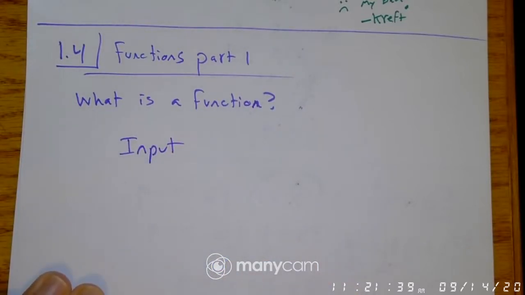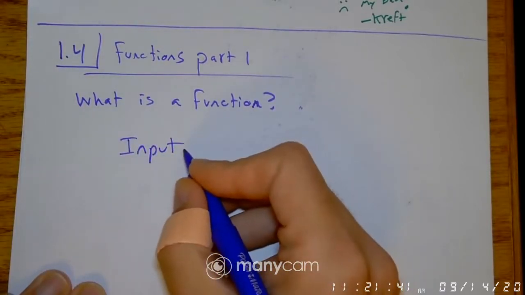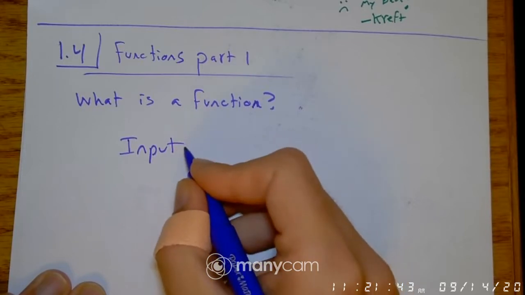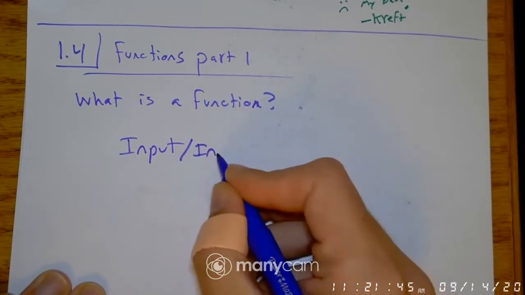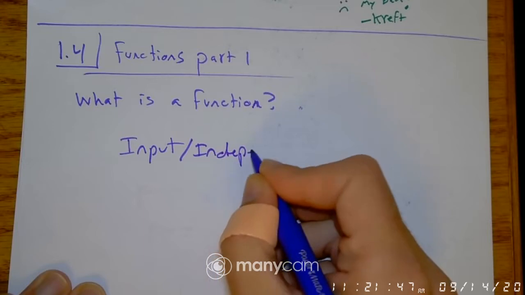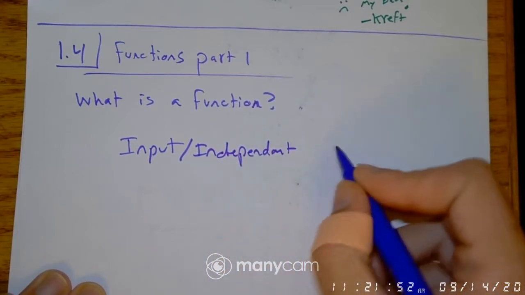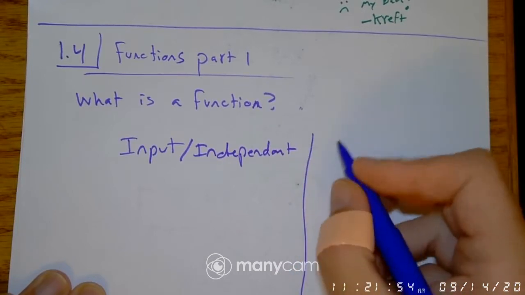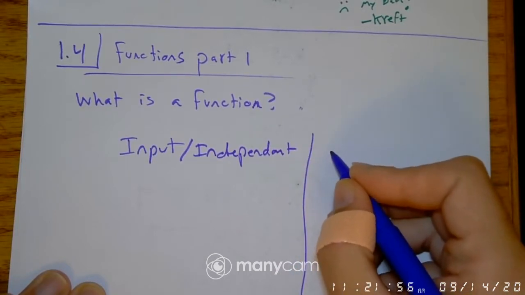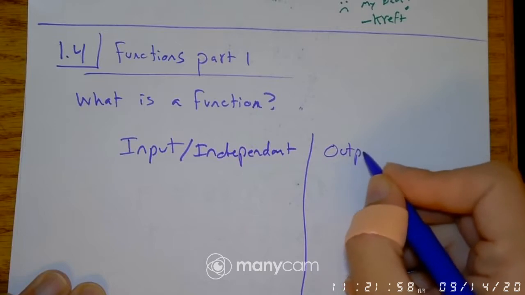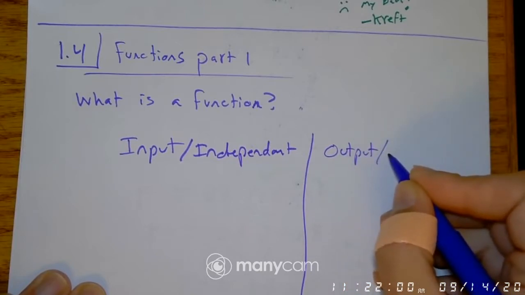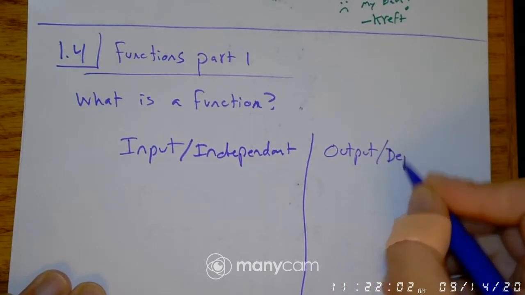So input, which is the same as the independent variable, versus output, which is also known as the dependent variable.